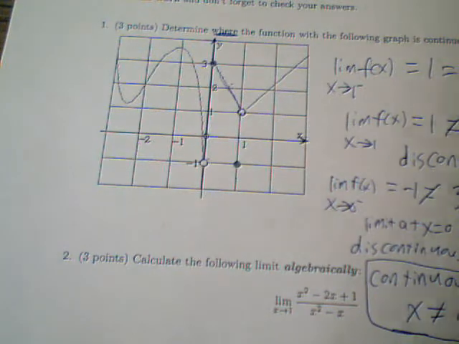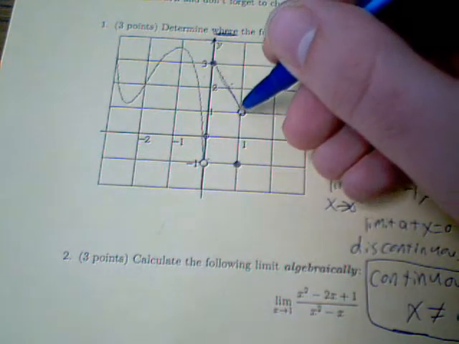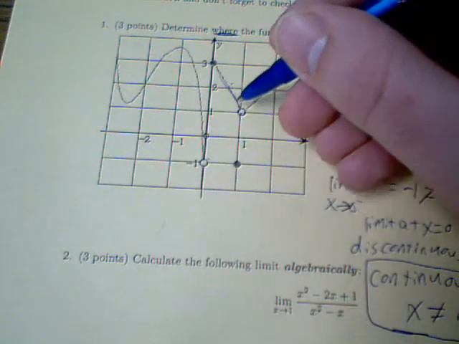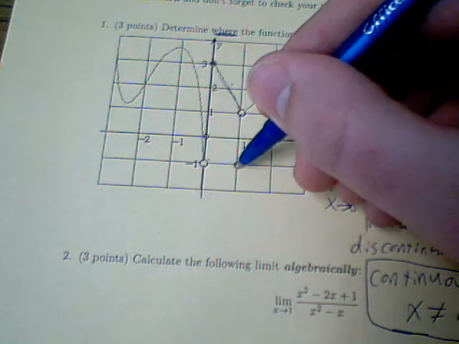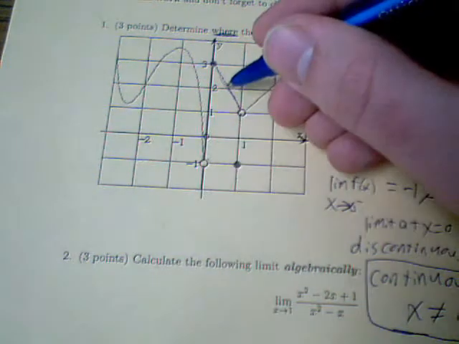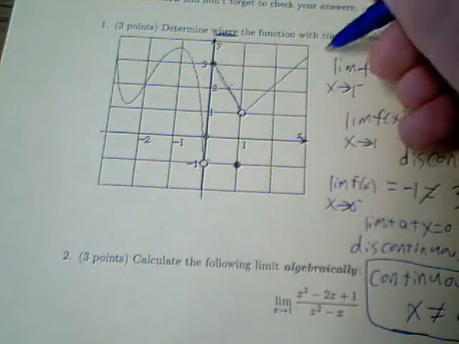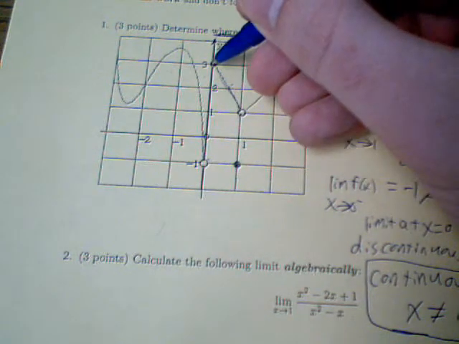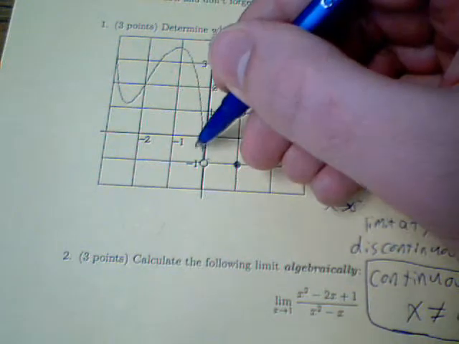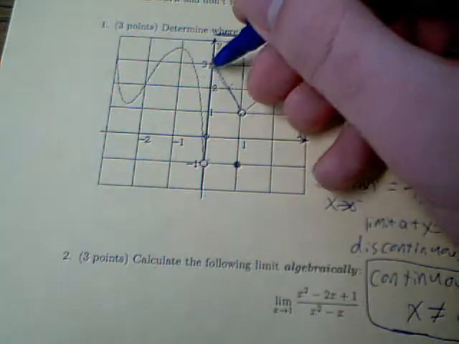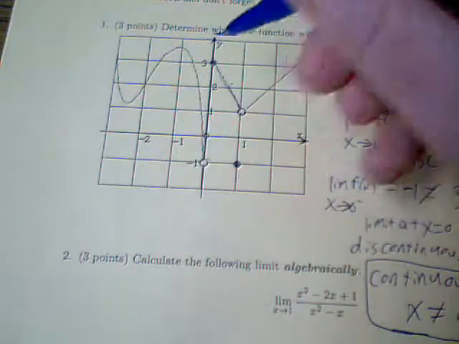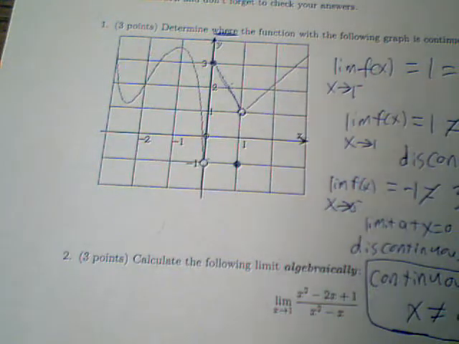You can just look at a graph and say, I see an open circle over a closed circle. That means I'm going to have to jump. It's not continuous. I have to pick up my pen to graph this point and then come back here. Same thing over here, I have to pick up my pen. So open circles over closed circles are always going to be discontinuous.